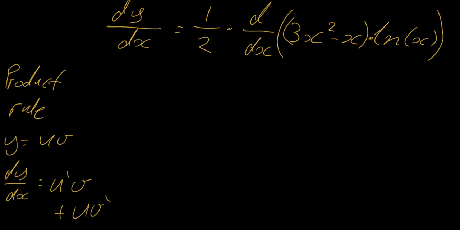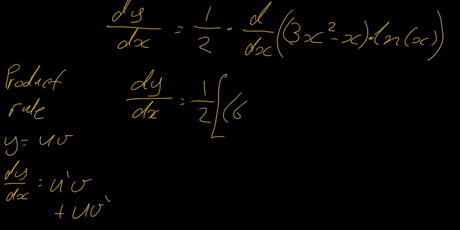Okay, so continuing on, leave the half in front. What we're going to do is take the derivative of the first term first. So 6x minus 1 multiplied by just ln x.